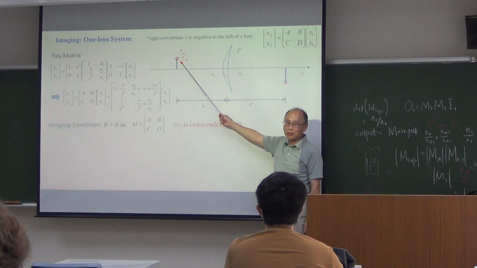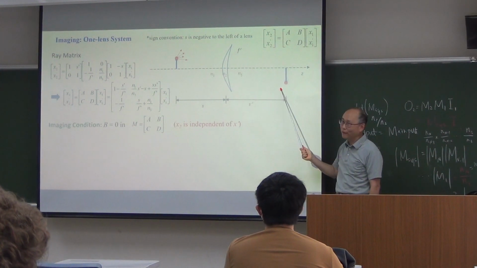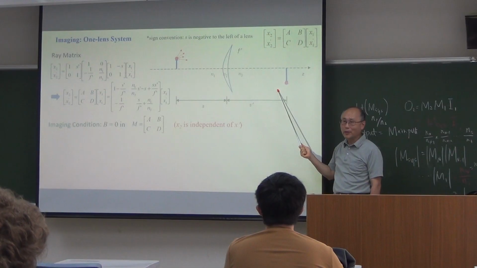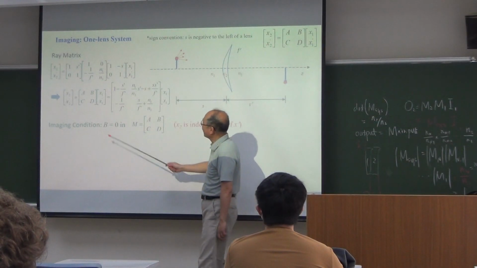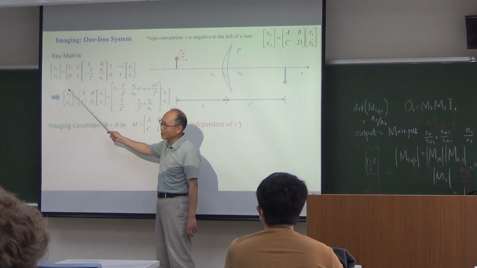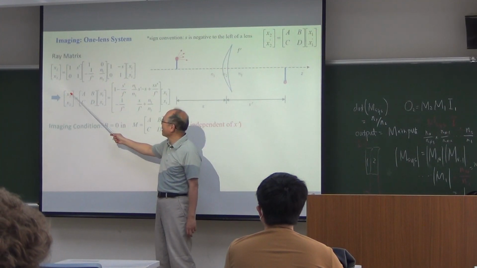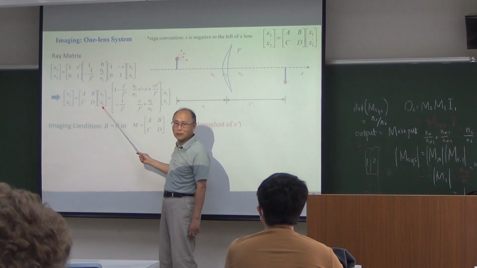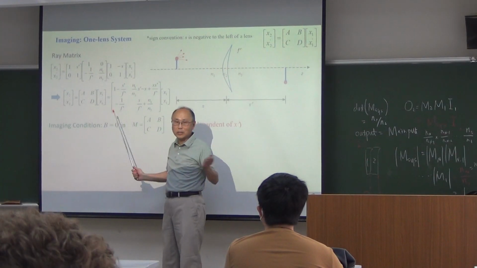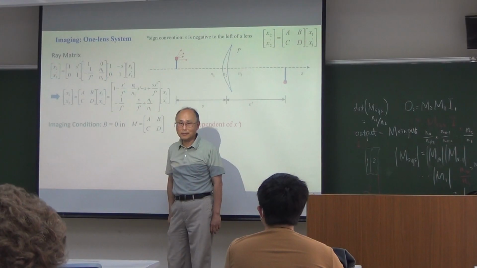You don't care about the emitting angle, but you end up having a fixed point for your image. This means that you have some position for your image, but this position has nothing to do with the angle. And we'll call this the image. Agree?